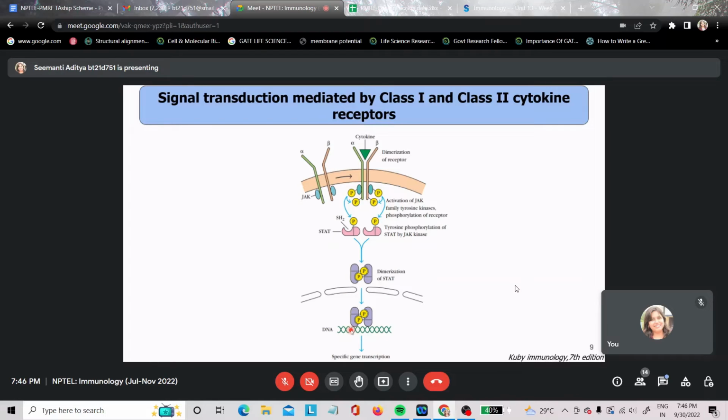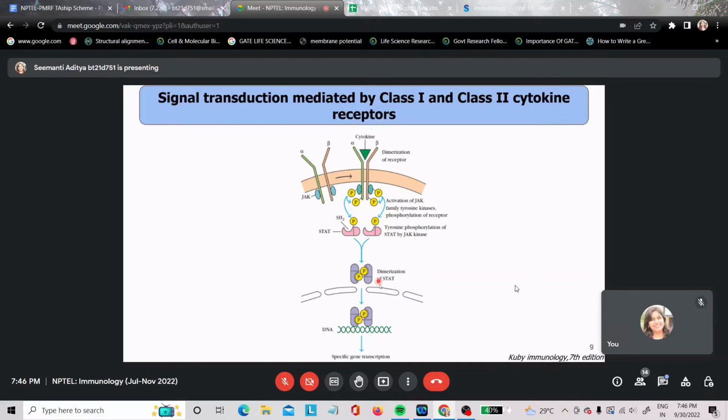So what are transcription factors? Transcription factors are proteins which can go and activate a particular gene, or they can repress a particular gene, depending upon what their role is. It can act as a promoter. It can go and bind to the promoter region and enhance the gene transcription, or it can repress the gene transcription.